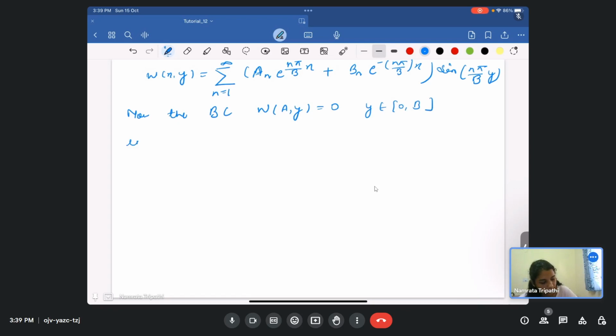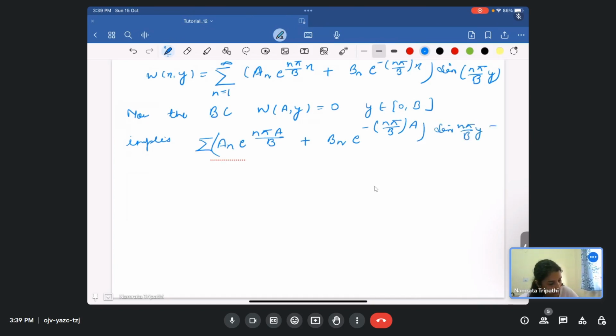This implies an e to the power n pi, at the place of x I am writing a, plus bn into e to the power minus n pi, fine, and at the place of y it is sine n pi y by b equal to 0.